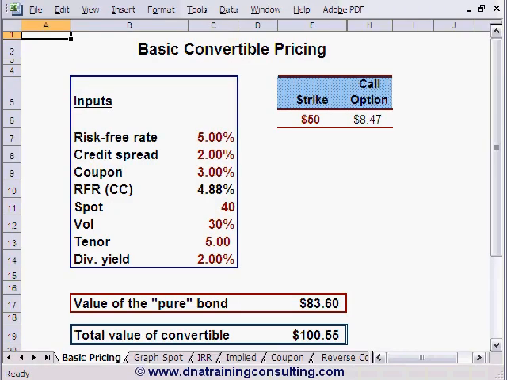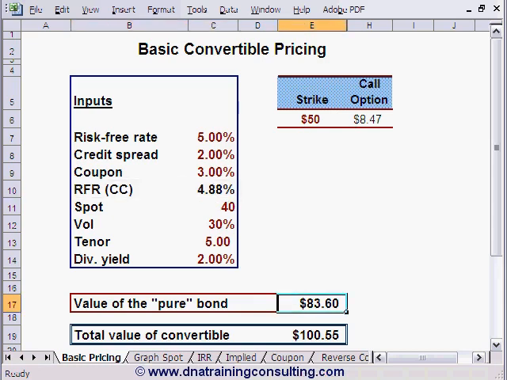Worksheet basic pricing contains in column C the bond's terms and relevant market conditions. Note, among others, the continuously compounded equivalent risk-free rate of 4.88%, which is used, you may recall, in pricing options under a Black-Scholes approach.